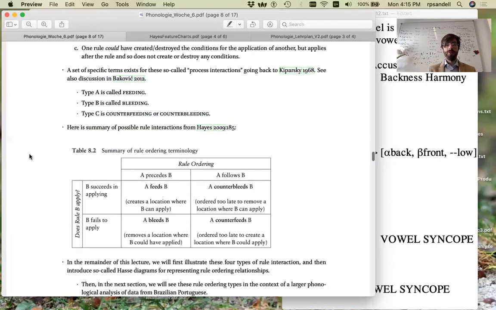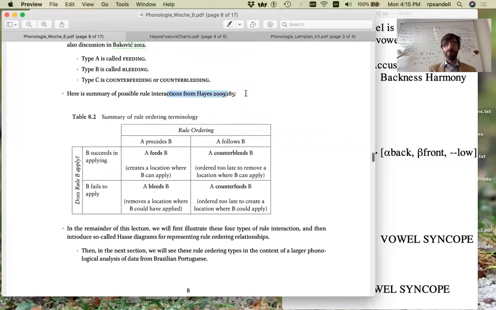I'm going to follow Hayes here in referring to the 2 rules as A and B. Let's discuss this diagram from chapter 8 in Hayes' book briefly.